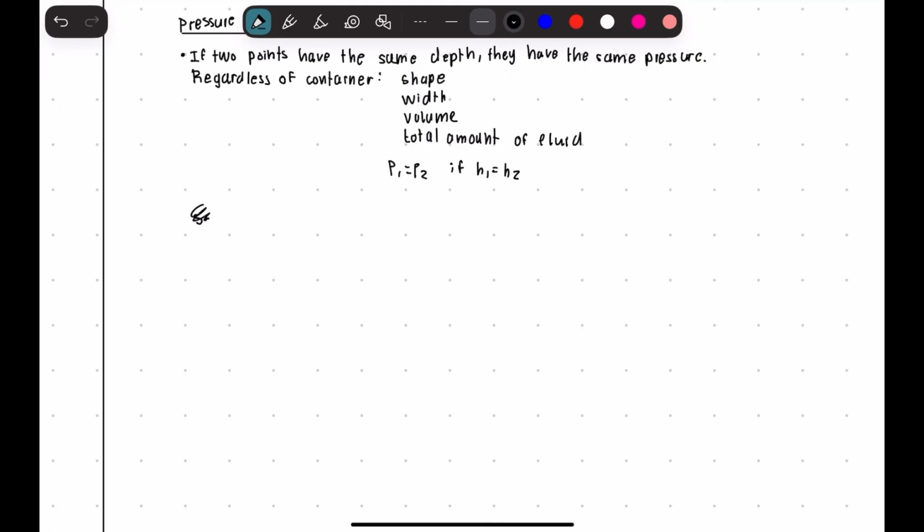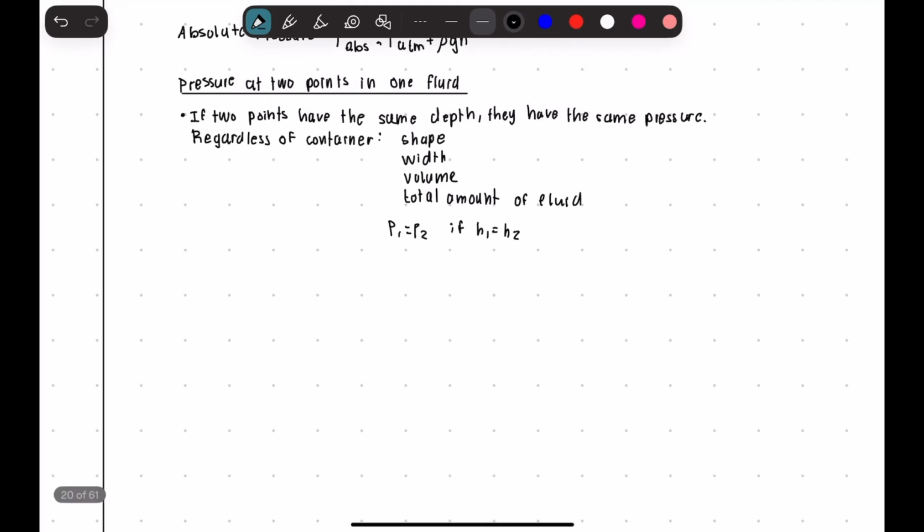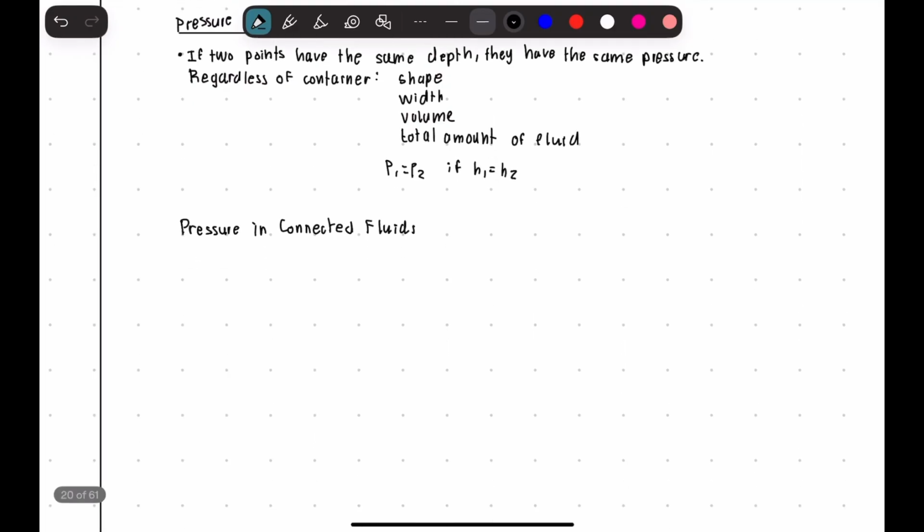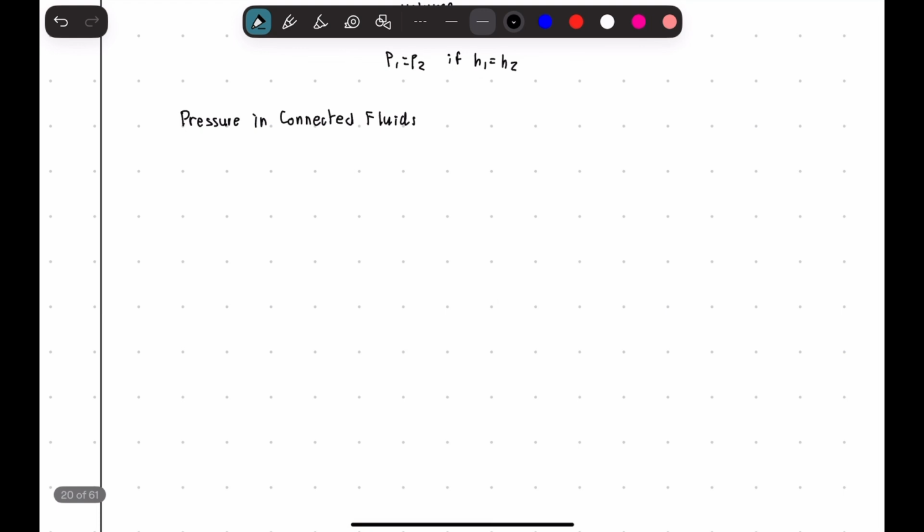Next, let's move on to pressure in connected fluids. So, if fluids are connected, pressures at the same height are equal.